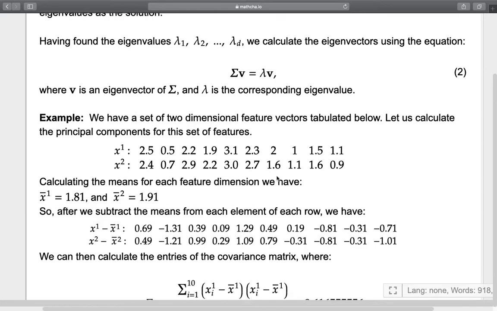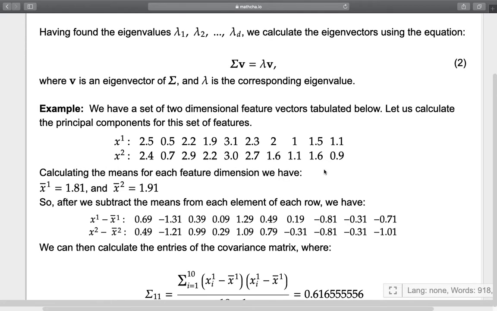Let's see an example in order to understand how we calculate the covariance matrix and how we perform principal component analysis. Let us suppose that we have these samples 2.5, 2.4, 0.5, 0.7. These are our samples, and we have two feature dimensions, x1 and x2.